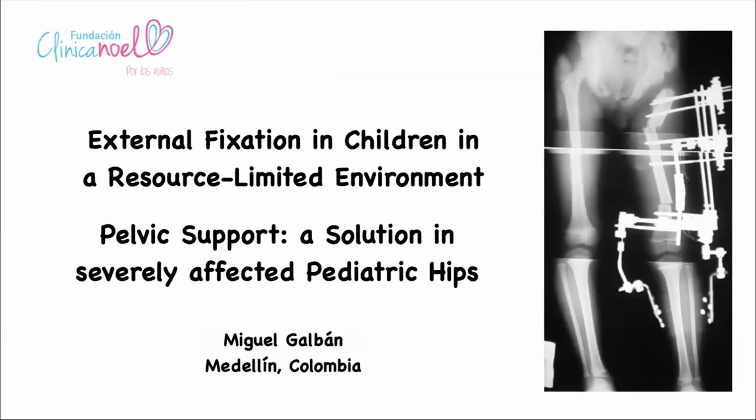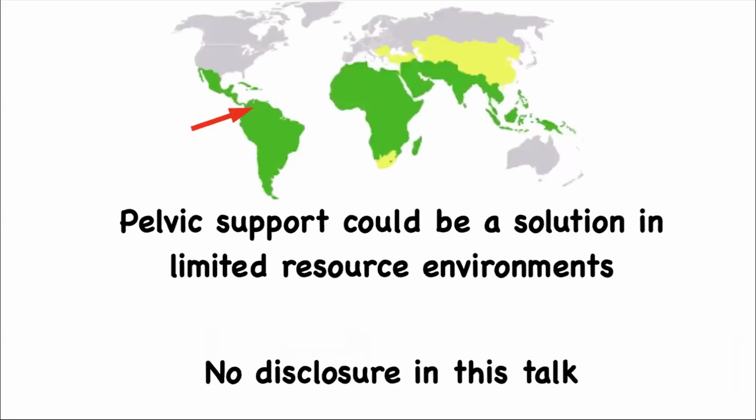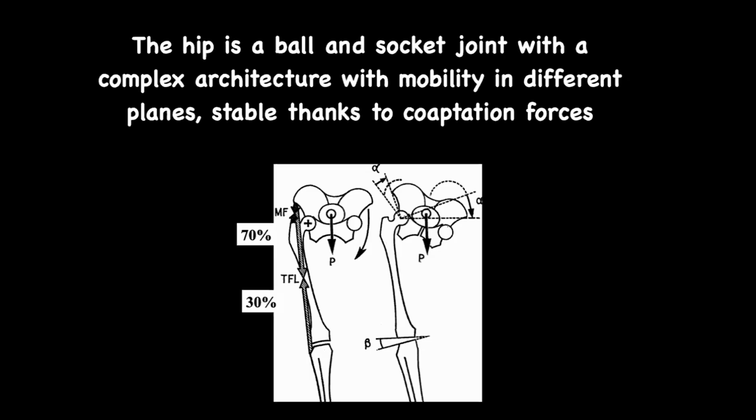Okay, let's talk about external fixators in children in this resource-limited environment. We're going to talk about pelvic support, which could be a solution in this area. I have no disclosures for this technique.